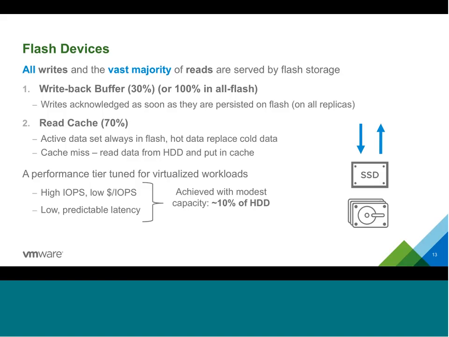A direct write never goes to the backend HDD, it always goes to the SSD, and SSD writes are much faster than HDD. The reads also happen from the SSD, which caches the reads. If there is a miss, only then does it go to the backend HDD to fetch the data.